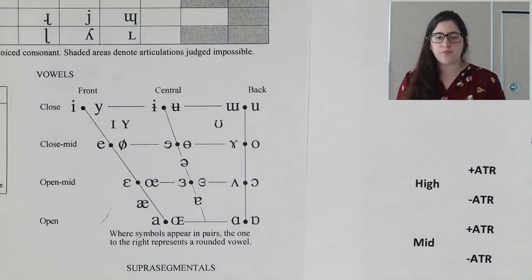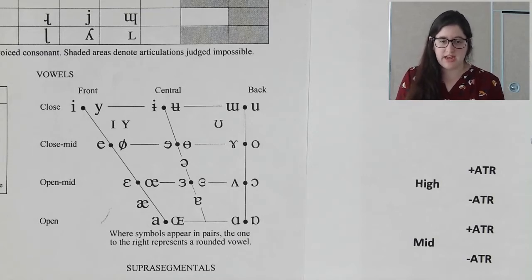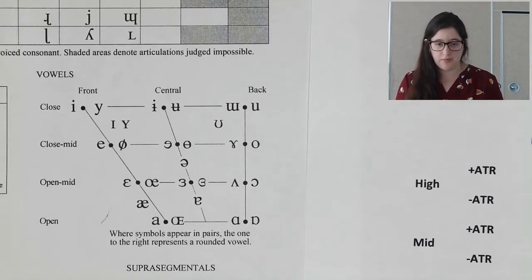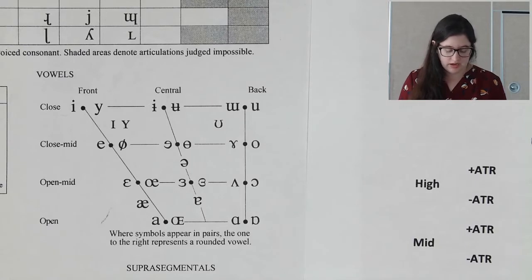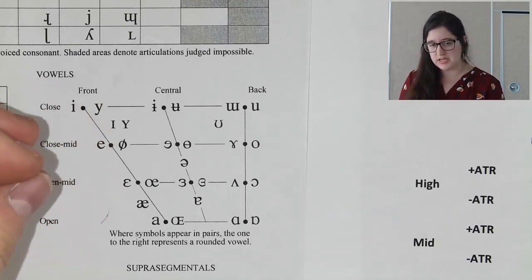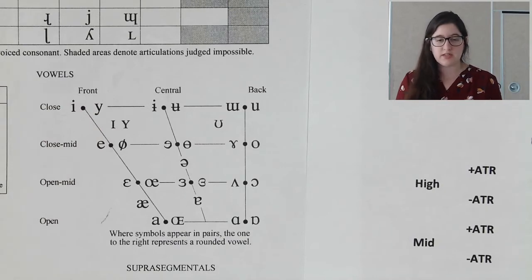So some of the vowel differences that you may want to represent aren't going to be as easy as just choosing a different vowel symbol. So for example, one of the German vowels we were just talking about doesn't really have a good symbol representation on this chart. That's where what's called diacritics can come in handy.